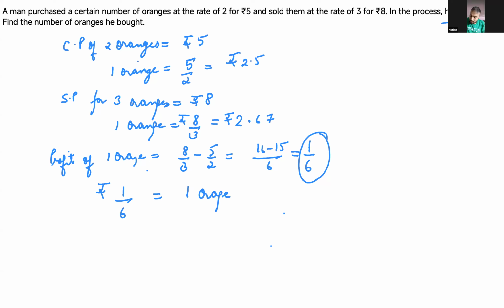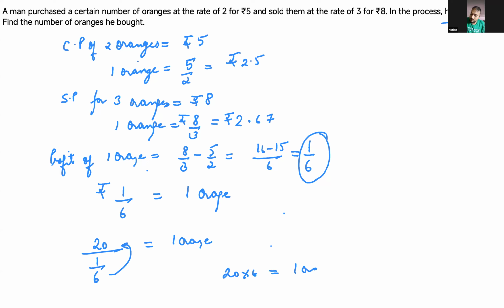Now for 20 rupees, it will become 20 divided by 1 by 6, so it will become 20 into 6.